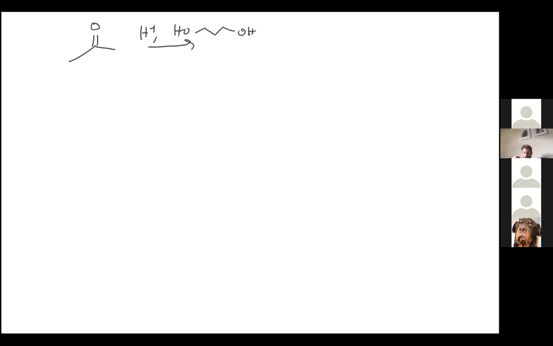Redraw that at the top. So our mechanism, we are starting off, as always, attacking this H plus here. We are going to protonate our carbonyl. From this point, our alcohol can come in and do an attack on our carbonyl center.